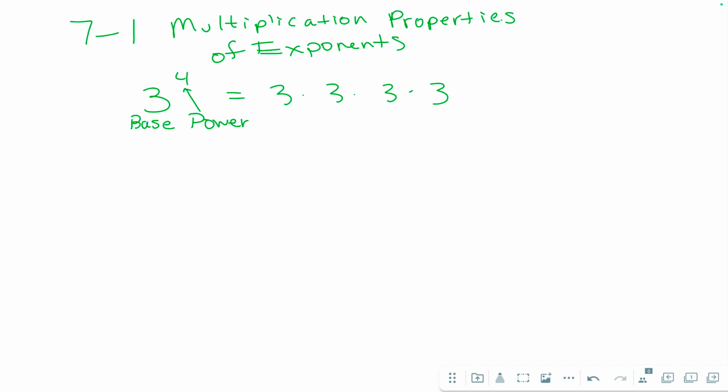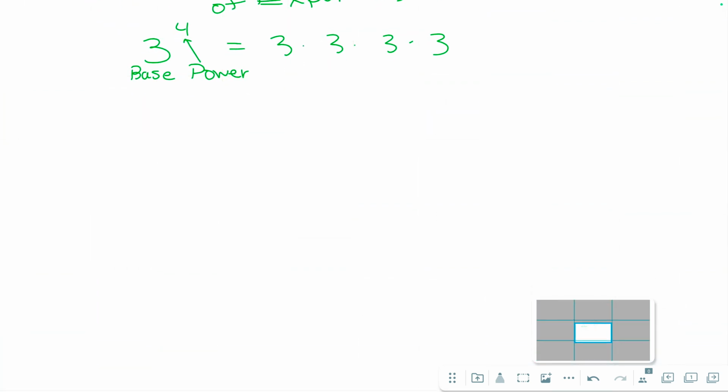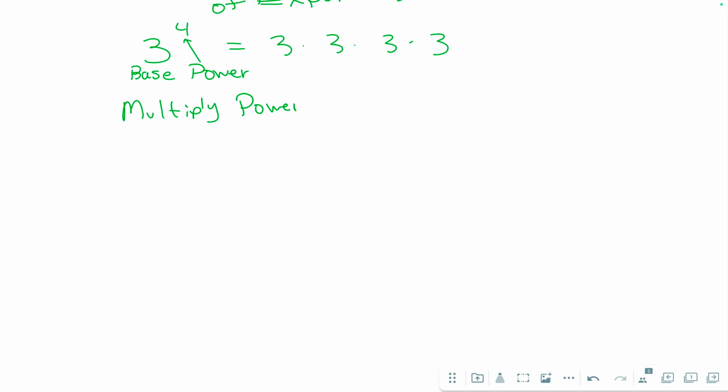Okay. This first one is going to be where we multiply powers with the same base. Okay. So for example, 2 to the 3rd times 2 to the 4th.